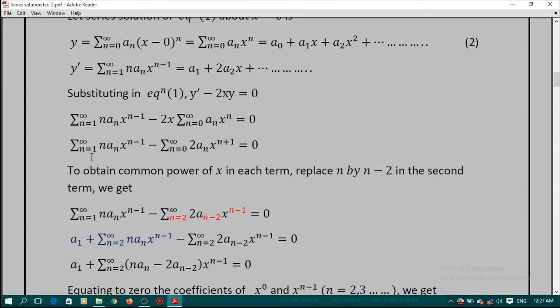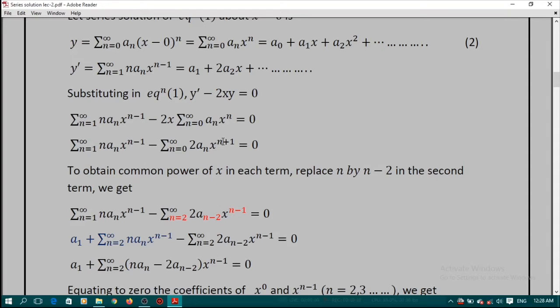So the first summation will be as it is, summation n running from 1 to infinity n a_n x raised to n minus 1, minus summation n running from 0 to infinity 2 a_n x raised to n plus 1, equals 0. Now here we have two different summations. We want to merge these two summations, but the problem is that the ranges of summation are different and the powers of x are different.